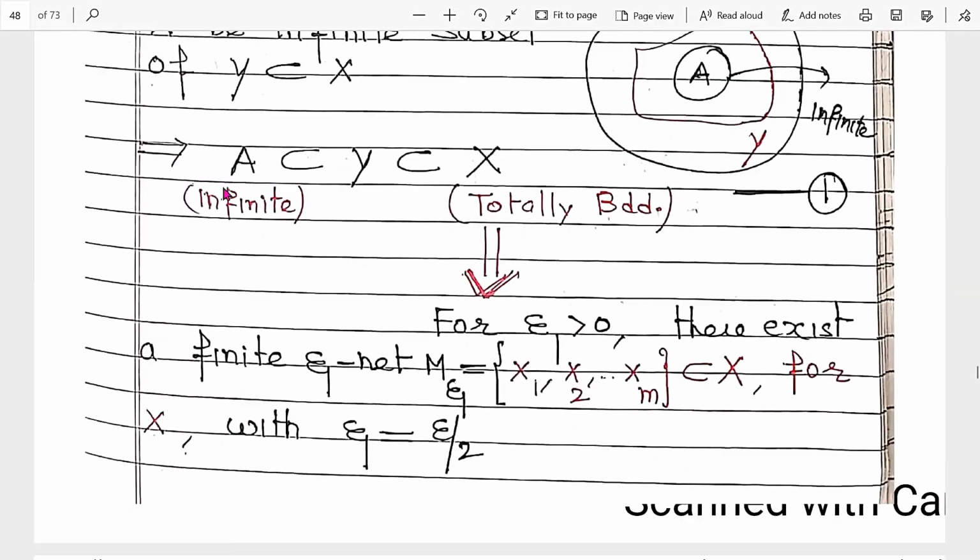Now, A is an infinite subset of Y, and Y is a subset of X. What is X? X is totally bounded. Then by the definition of totally bounded, it has a finite epsilon net. That finite epsilon net is, suppose, x1, x2, up to xn. For epsilon 1 we choose epsilon by 2, right?